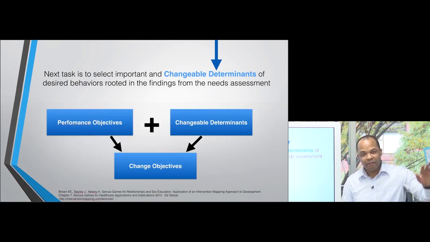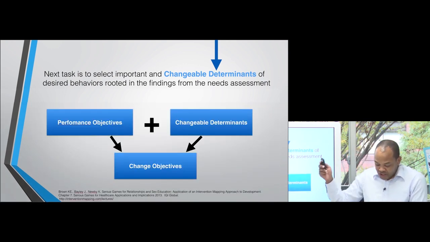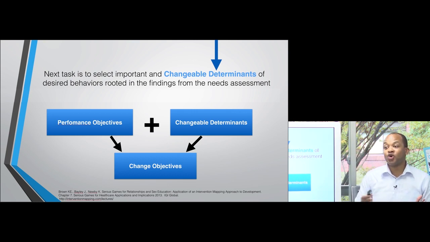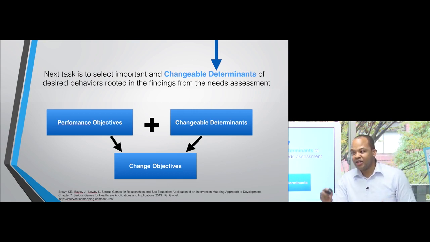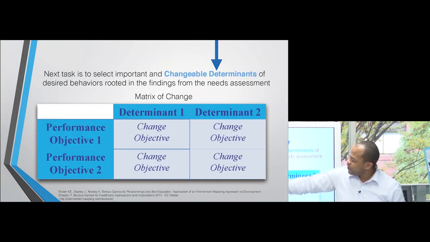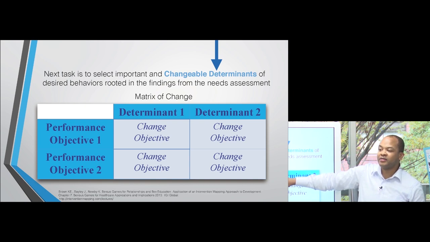So, for example, you have the performance objectives and you have the changeable determinants. These both come together to make up the change objectives of the intervention. So you use a matrix to do this, and this is called the change matrix. So you have the determinant up here. What will determine whether or not this person will change the behavior?